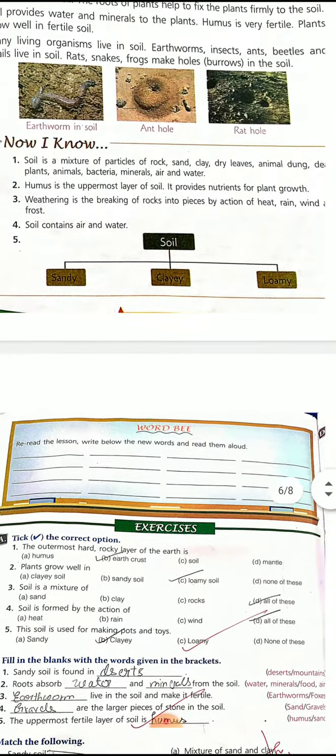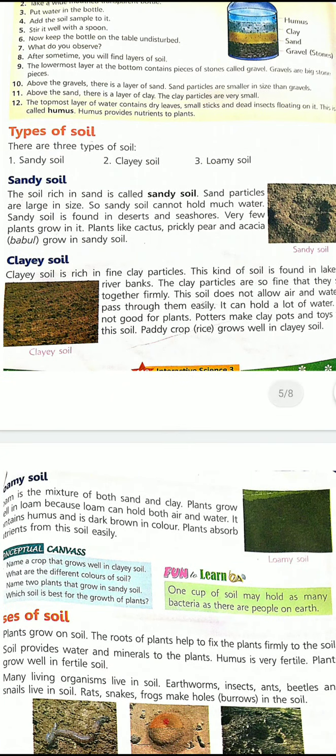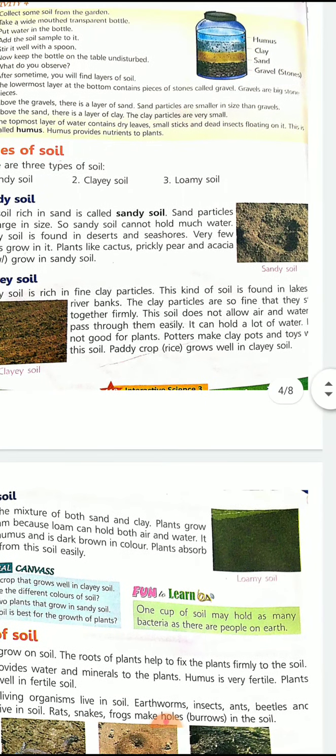Which soil is not good for plants? Come up over here to the types of soils. It is written there, so you can write: clay soil is not good for plants.